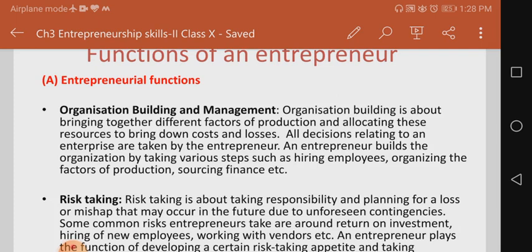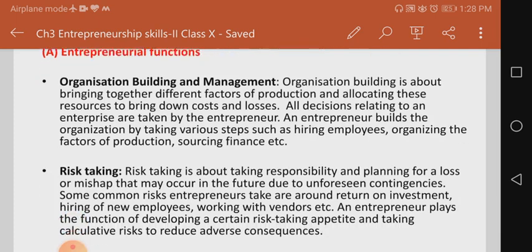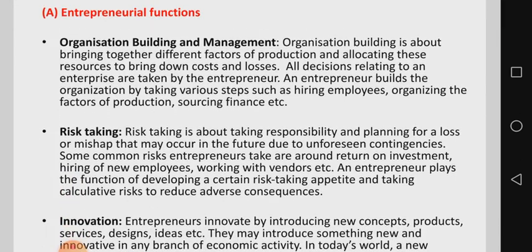role. The very first function is called entrepreneurial functions. So as an entrepreneur, what are the functions that you have to do, the basic things that you have to do to become an entrepreneur? The first is called entrepreneurial functions, and it has subcategories.